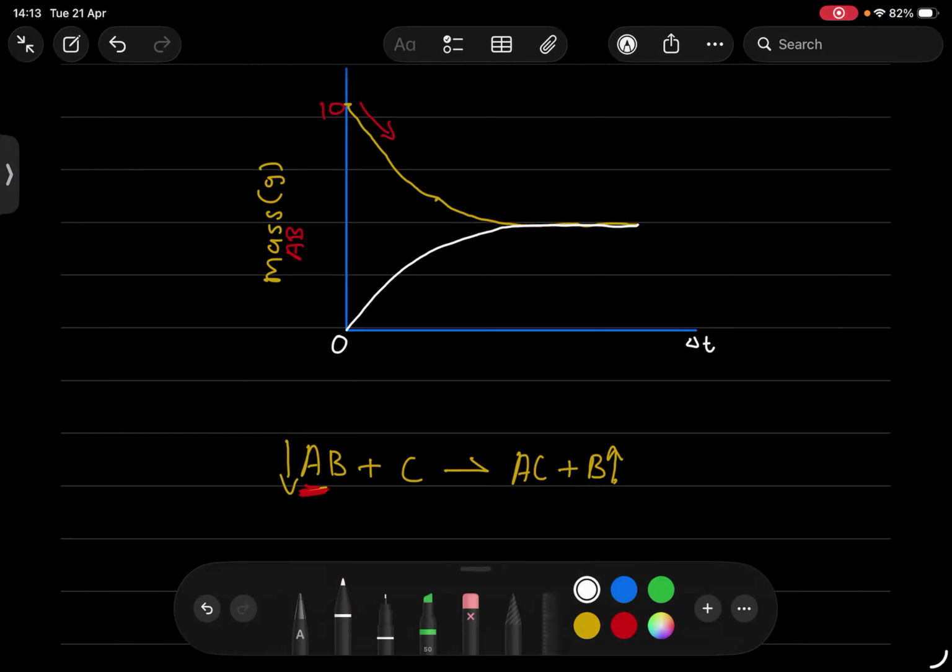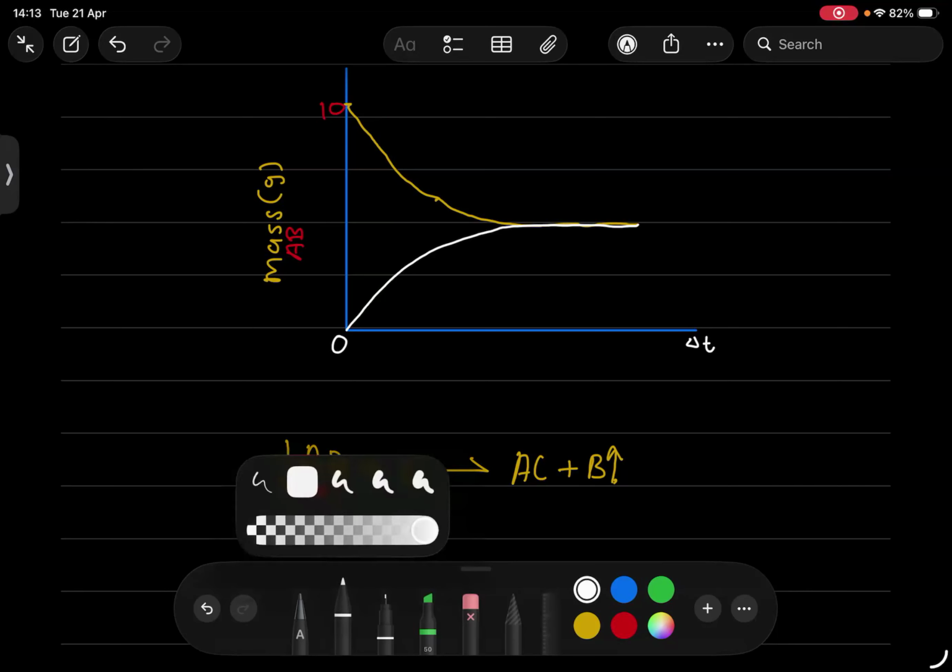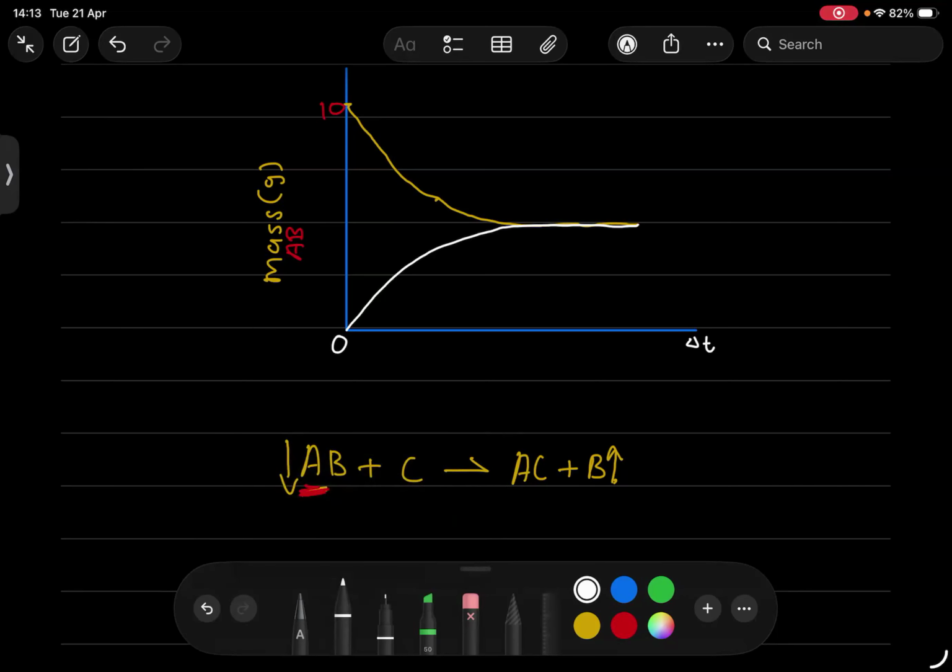This is the mass of the reactants, or the forward reaction.